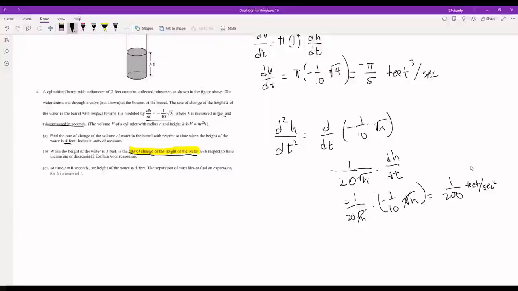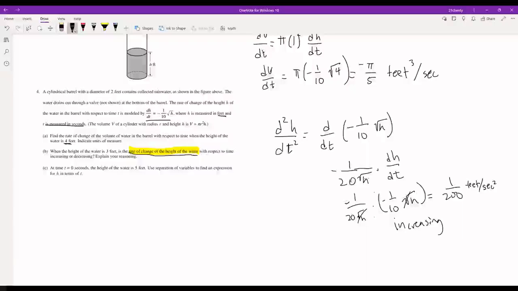Since this is greater than 0, we can say it's increasing. And then to explain our reasoning, just say we take the second derivative because that is the rate of change of the rate of change. Saw that was positive, which means that it is increasing.